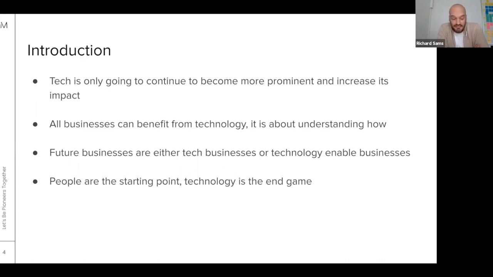All businesses that launch, in my opinion, benefit from technology. It's just about understanding how they can benefit from that technology, because they are either tech businesses or technology enabled businesses. I remember having a chat with one of my friends when I first started Mohara almost 10 years ago now, and he was arguing that tech wouldn't be across various different industries or various different things around life.